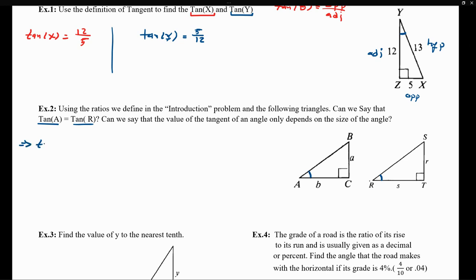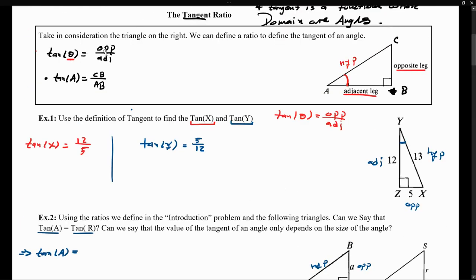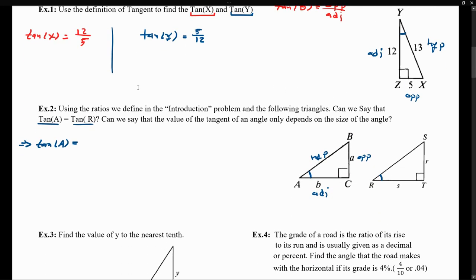So what is the tangent of A? If this is my A, then little a is my opposite, little c is my hypotenuse, and little b is my adjacent. Recall that tangent is always defined as opposite over adjacent. So the tangent of A is a over b.